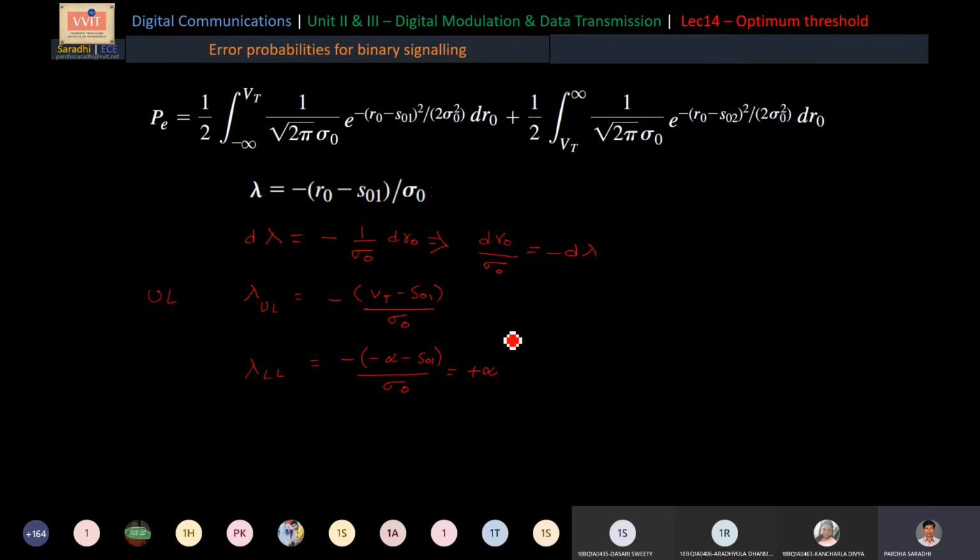Then let us substitute all these things over here, all the four expressions, 1, 2, 3, 4, in the first integration.